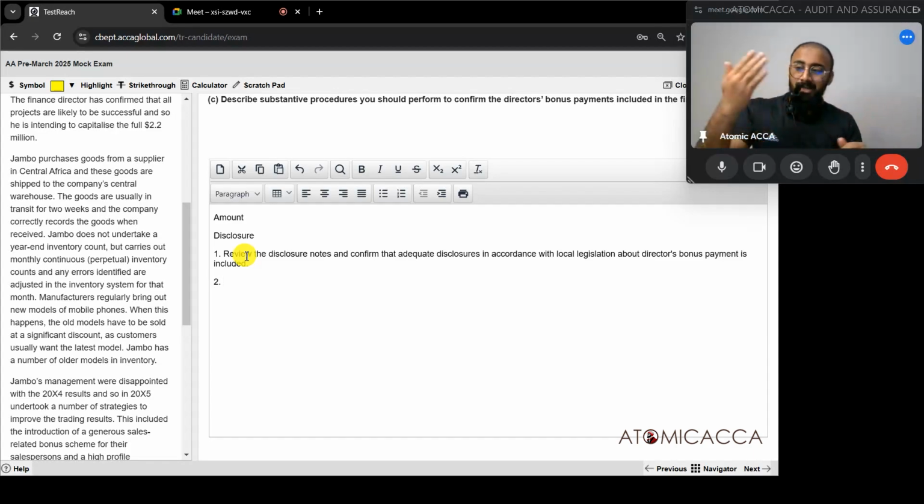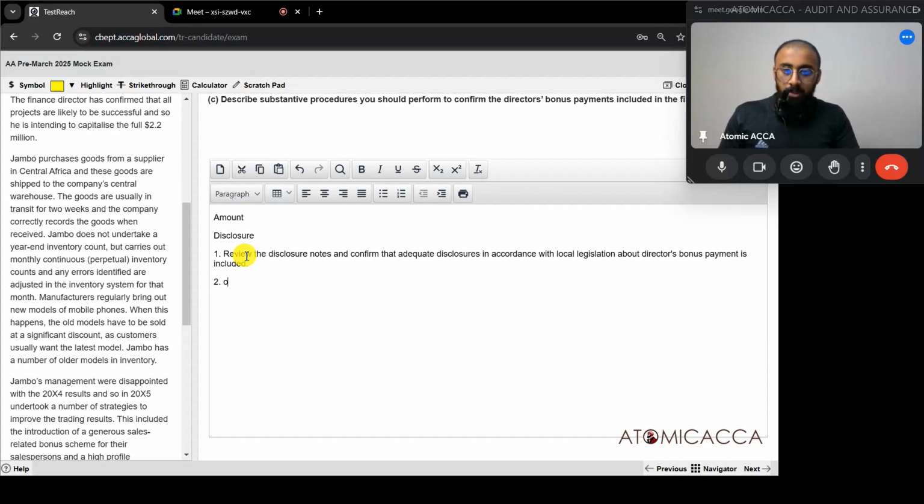What you can do is collect a sample of directors for whom bonus is calculated, calculate it manually, cross check it with this master data, and confirm that it is in accordance with the policy or not. It's not like, for example, directors are supposed to be paid only $1,000 and they are being paid $5,000. So how did this number come up? So you're comparing the actual figure and seeing whether this is in accordance with policy or not.